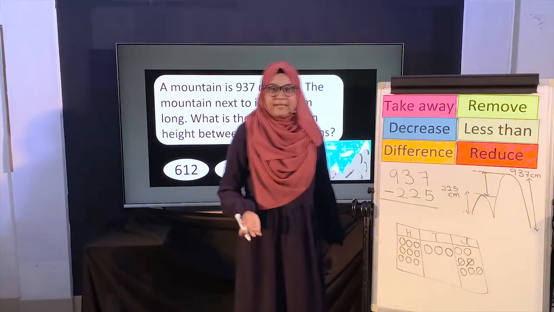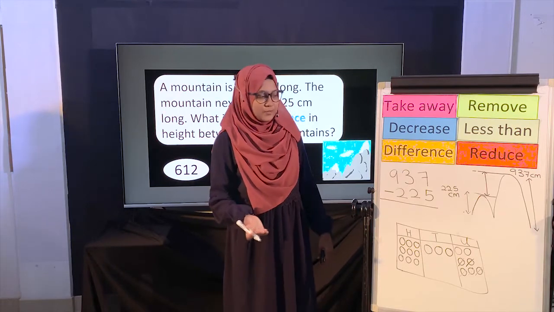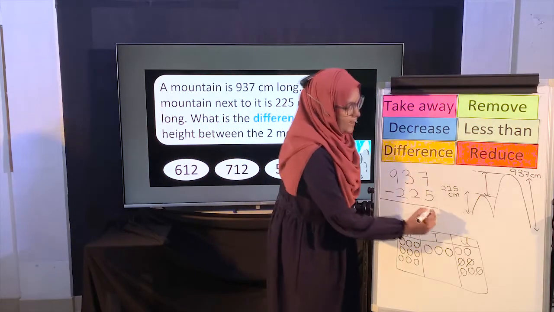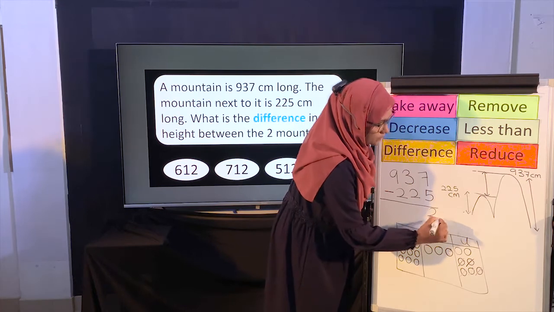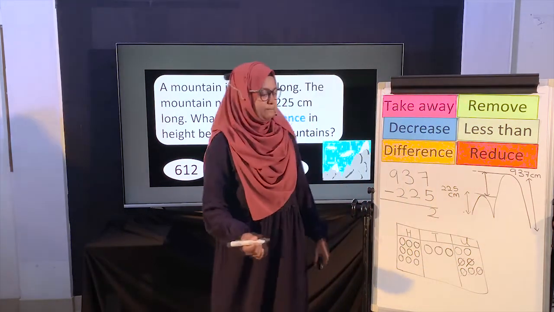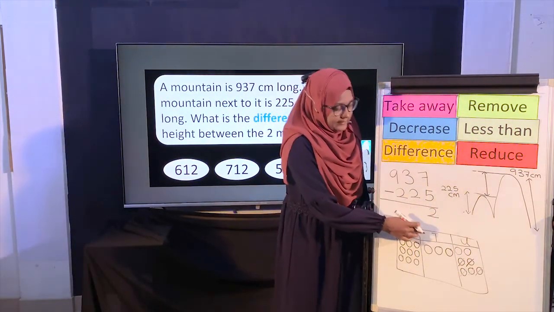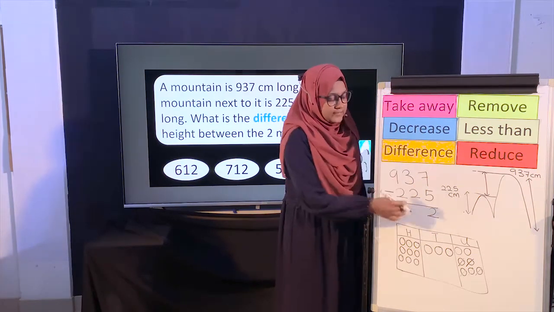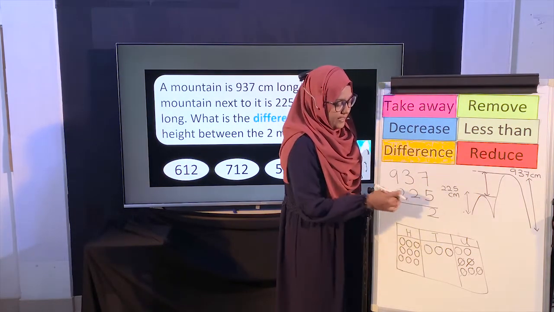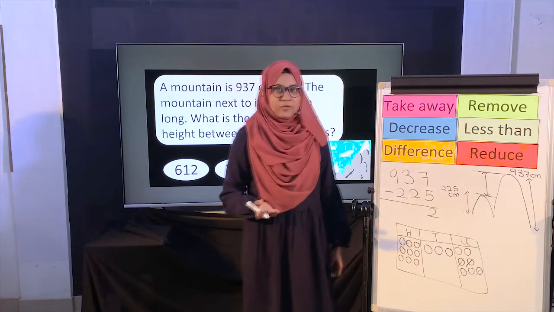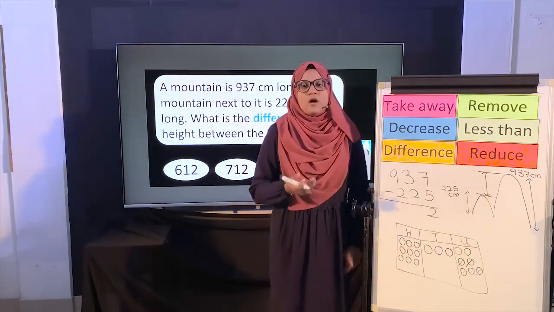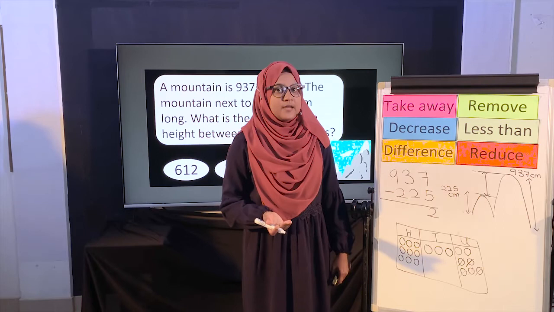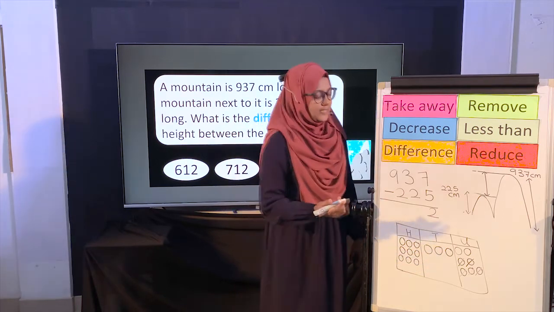How many are remaining? 2. So 7 minus 5 equals 2. 2 is the answer. Next, in tens we have 3 circles and we have to subtract 2 from it. So how many circles we are going to cut out? 2.